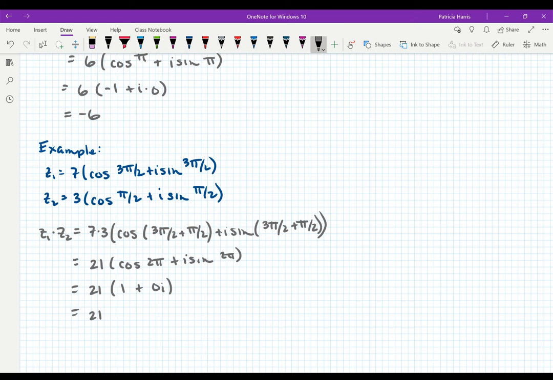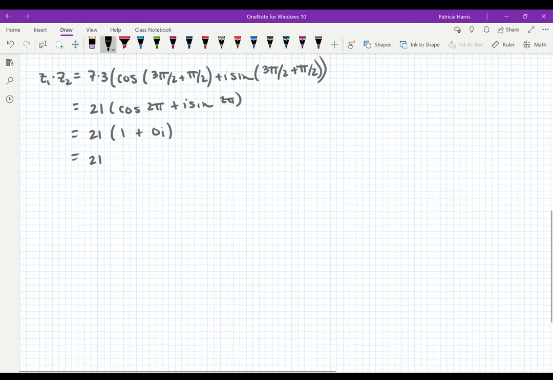All right, let's talk about division. Okay, so this is kind of a similar formula.